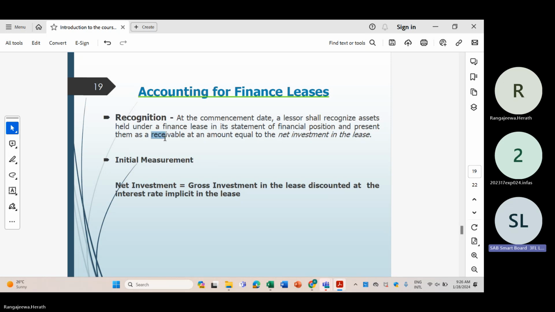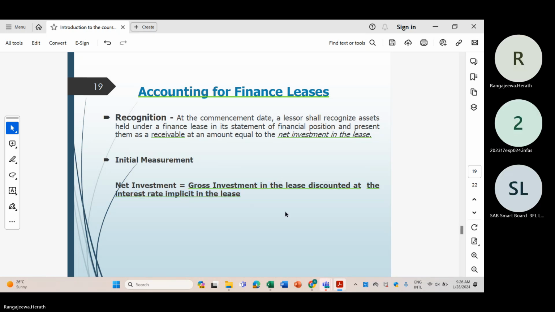The receivable is equal to the net investment in the lease. What is meant by net investment? Gross investment in the lease discounted using the interest rate implicit in the lease. This is what we take as the lease liability from the lessee.